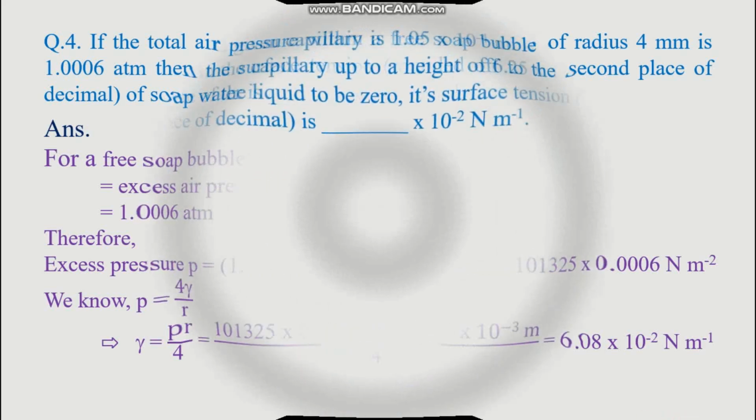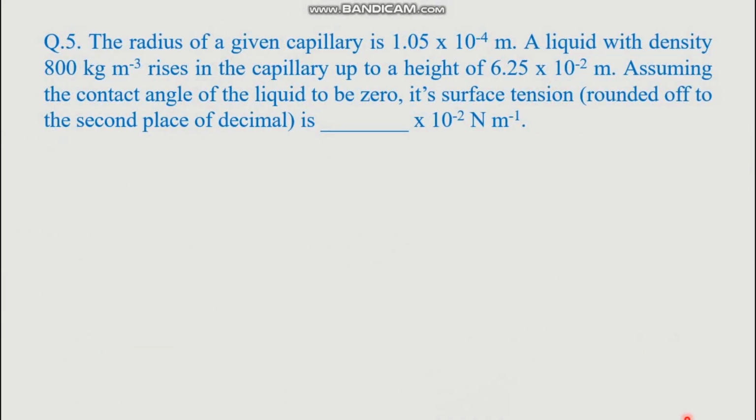Move on to the next question, question number 5. The radius of a given capillary is 1.05 into 10 to the power minus 4 meter. A liquid with density 800 kg per meter cube rises in the capillary up to a height of 6.25 into 10 to the power minus 2 meter.